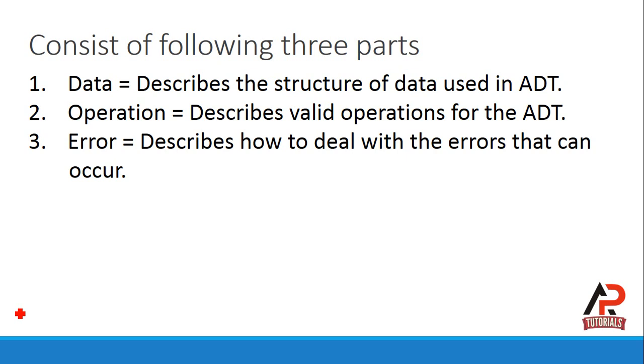So here the data is about the structure of data. Operation is about the valid operations for the abstract data type. And coming to the error, it describes how to deal with the errors that can occur. So these are the three parts that abstract data type consists of.